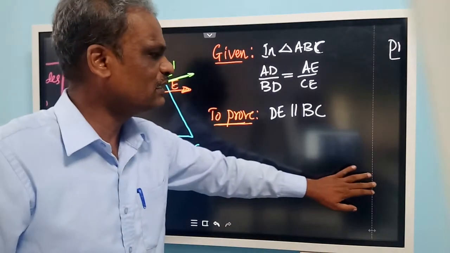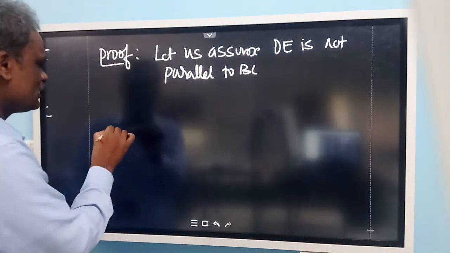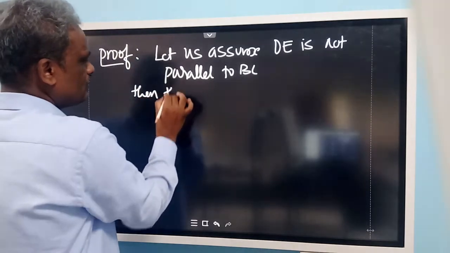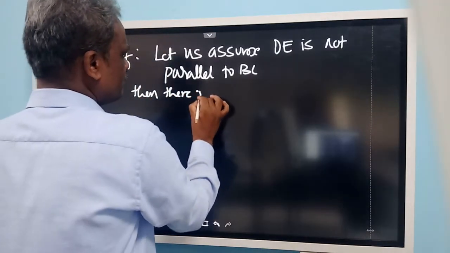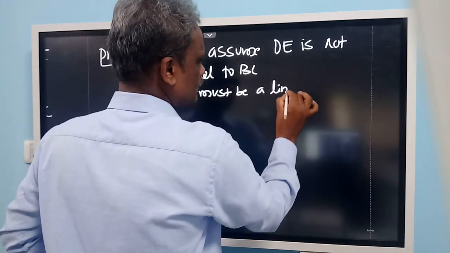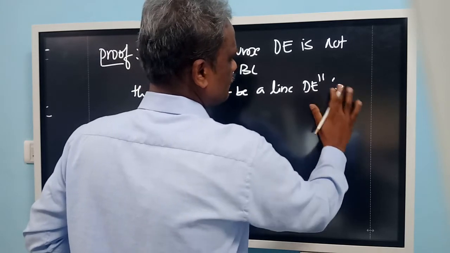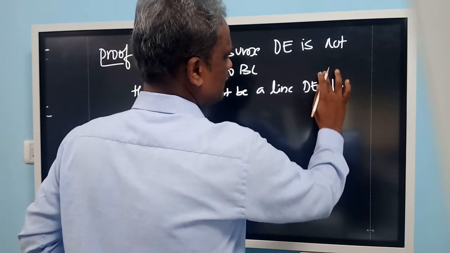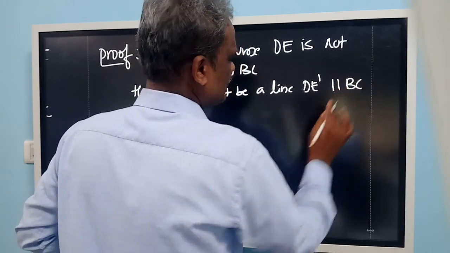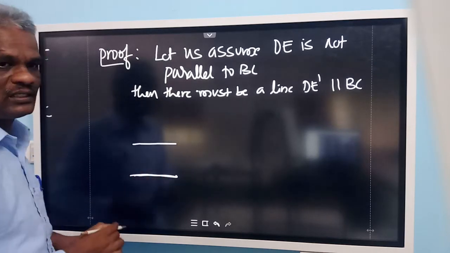We are assuming that DE is not parallel to BC, which means there must be a line DE dash parallel to BC. For any line, you can draw some line parallel to BC.